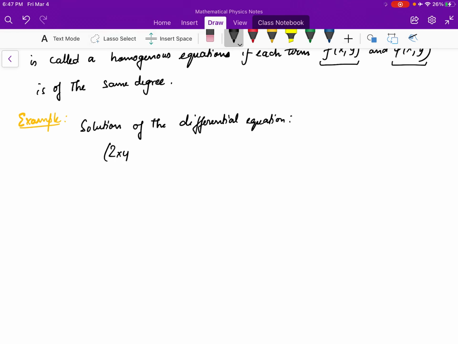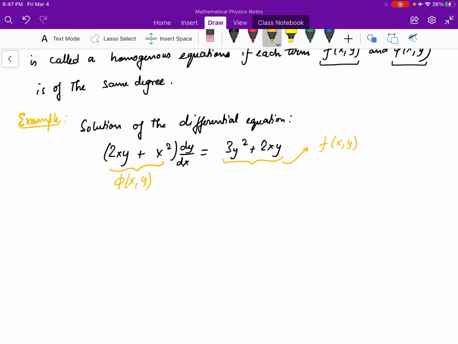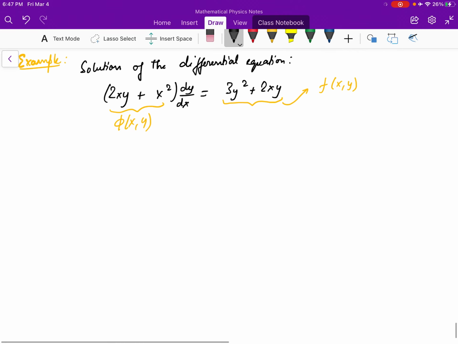So let's say we have 2xy plus x squared, times dy by dx, and that is equal to 3y squared plus 2xy. If we rearrange this equation, we see that this part is analogous to the definition f of x and y, and this part is analogous to phi of x and y, and that becomes the denominator. So let's rearrange the equation and write it exactly in this form.